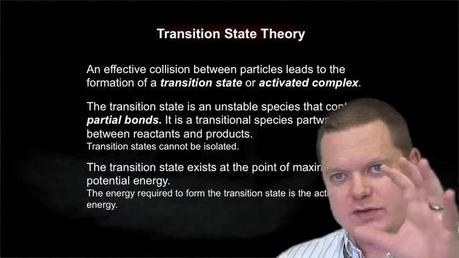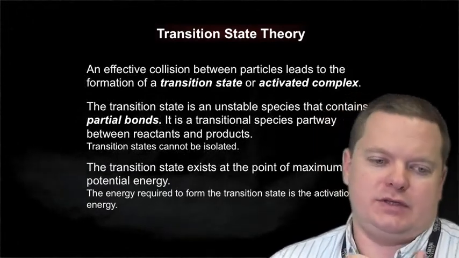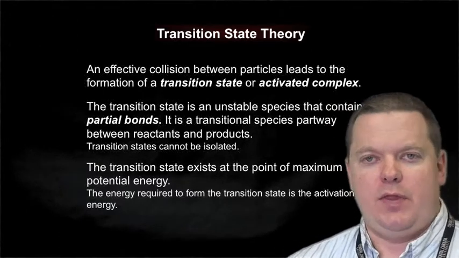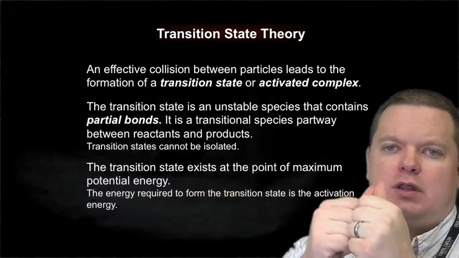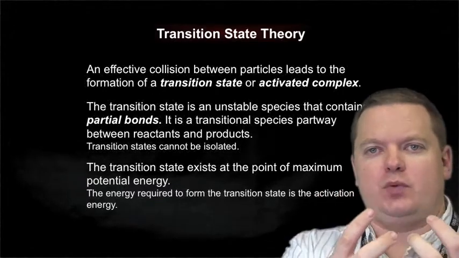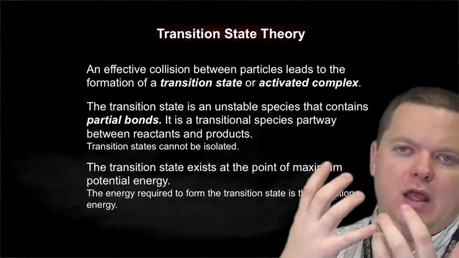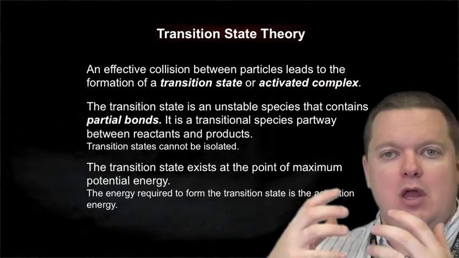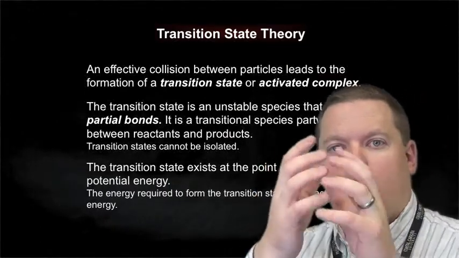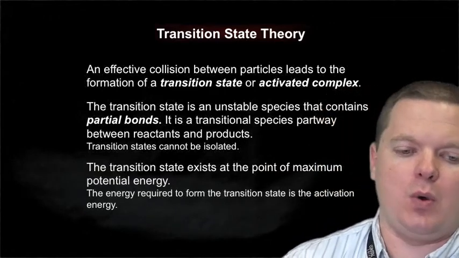So this collision theory relies on what we call transition state theory. That once we get a successful collision, we are going to move from those reactants into a transition state, something that is unstable, but is in the correct orientation where we can then descend into a lower energy.